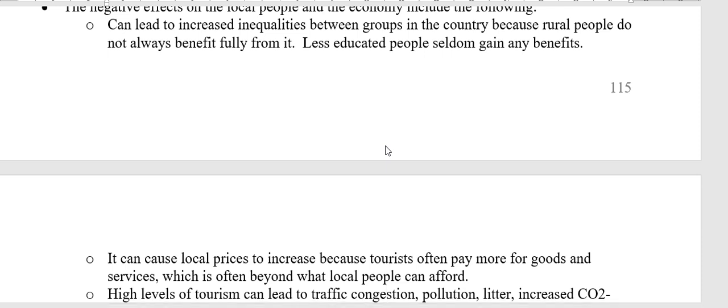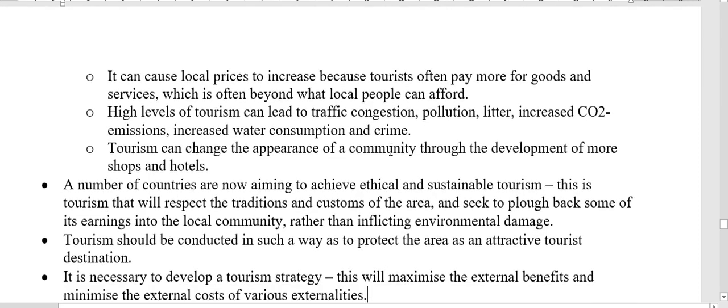If rural people don't get the benefits of tourism, if tourists tend to go to the fancy hotels and the cities or whatever, if the big conglomerates are benefiting from tourism more, and we don't give rural people a chance to participate in the tourist industry, it can actually create even more inequality. All right. So it's important that we manage it in such a way that we don't create more inequalities or make inequalities worse. All right.